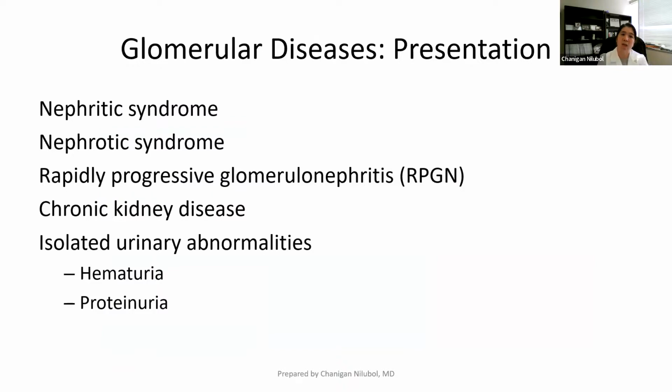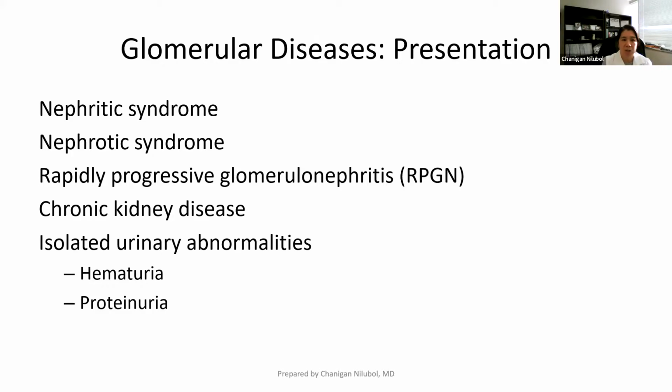So how do people with glomerular disease present? Some could come in as a nephritic syndrome. These are the patients who would have hematuria, maybe hypertension, and pretty much active inflammation going on.